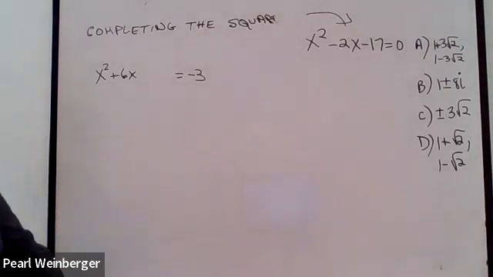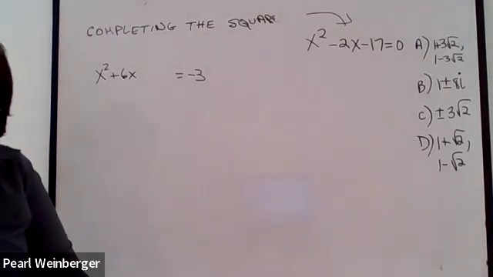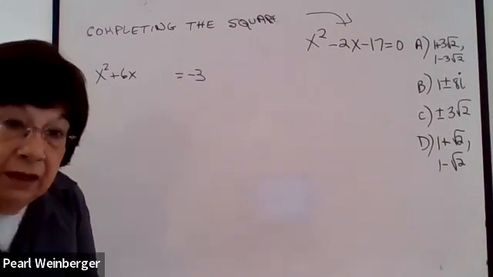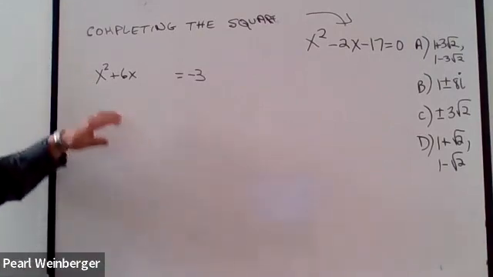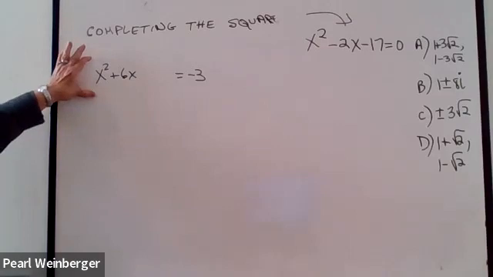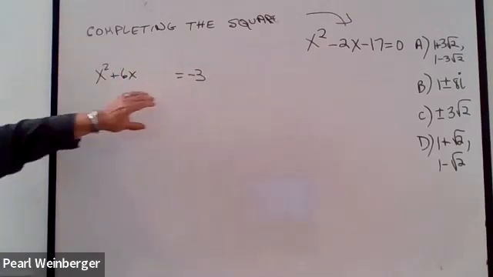Okay, let's work on this together and see if we come up with an answer for this. Again, we see we have a quadratic equation. It's x squared plus 6x equals -3.